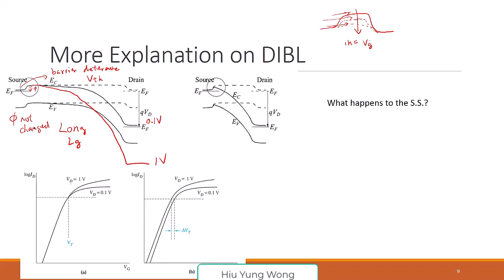But here it is different. Maybe I should not add this. Actually, it is in the graph already, right? This one was 0.1 volt, the dash one. And then this becomes 1 volt. And you see that the barrier does not change. But when you have a short L, you start with 0.1 volt here, and then become 1 volt.